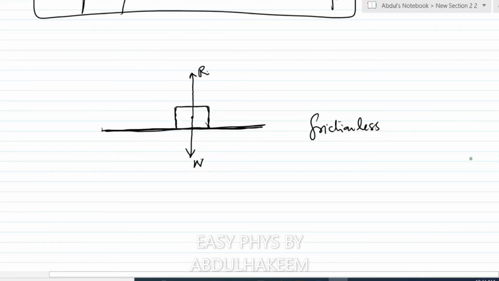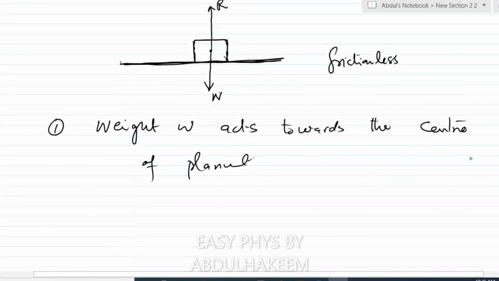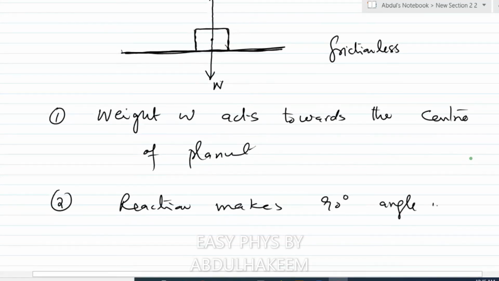Now there's a rule for the weight and there is a rule for the reaction. Number 1, weight W acts towards the center of the planet. And number 2, the reaction makes a 90-degree angle with the surface.